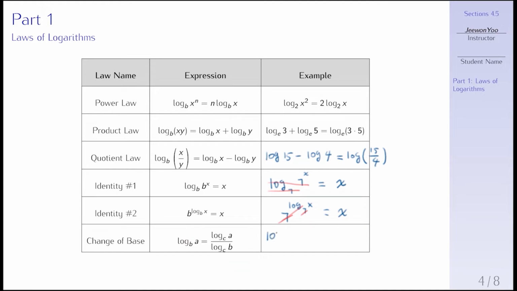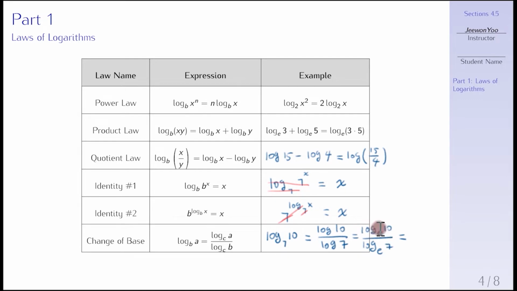The example we have is log base 7 of 10, for example. If you want to write this as a fraction, you can write it like this fraction. And then the hidden base is 10. So you have successfully changed the base from 7 to base 10. You're welcome to change the base to e, then something like this.